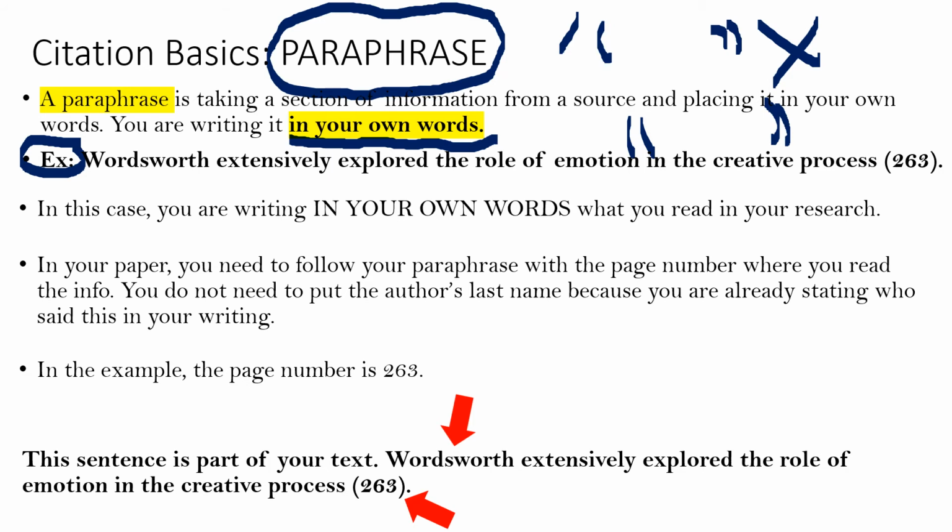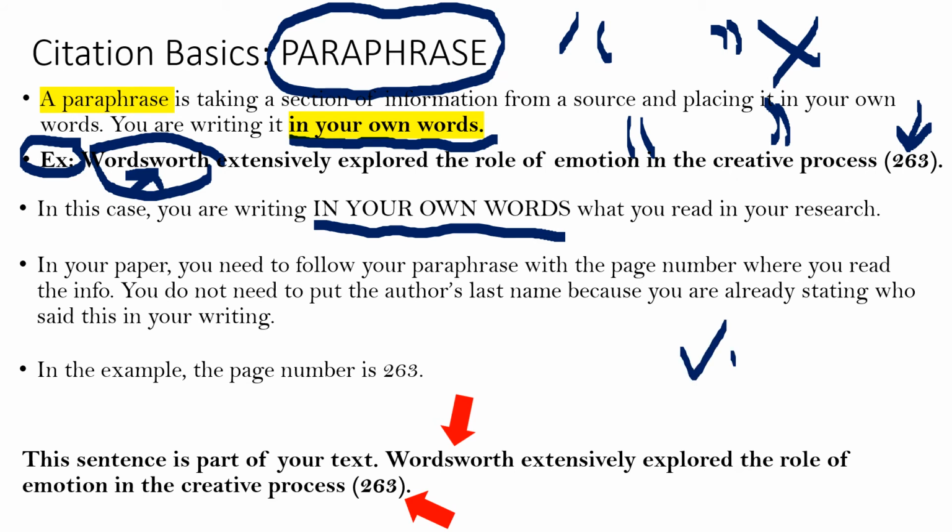I took what I read from Wordsworth, and so I'm naming him in my text. And then all I need to do is give the page number where I took that idea. Because even if I'm being inspired by someone, I still need to give the credit because I did not come up with this. So you're writing in your own words, but you still need to say where it came from.